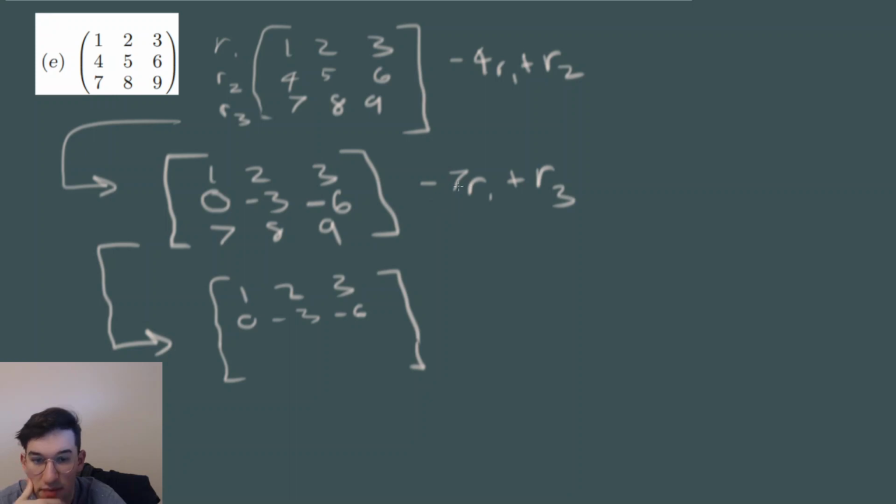So negative 7 times R1 plus R3. Negative 7 plus 7 is 0. Negative 7 times 2 is negative 14. Negative 14 plus 8 is negative 6. Negative 7 times 3 is negative 21. Negative 21 plus 9 is going to give us negative 12.